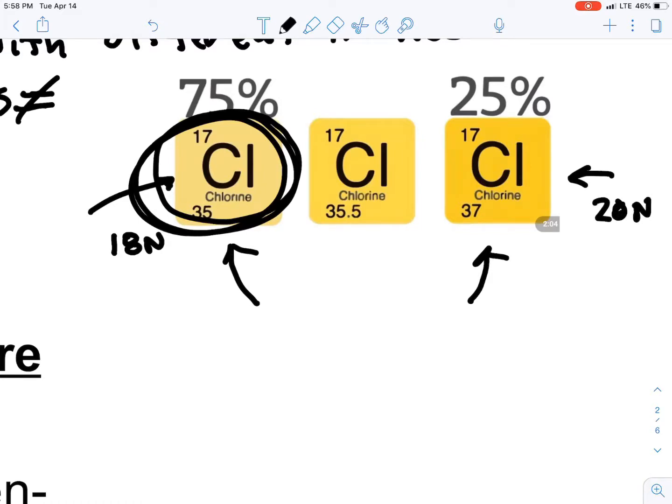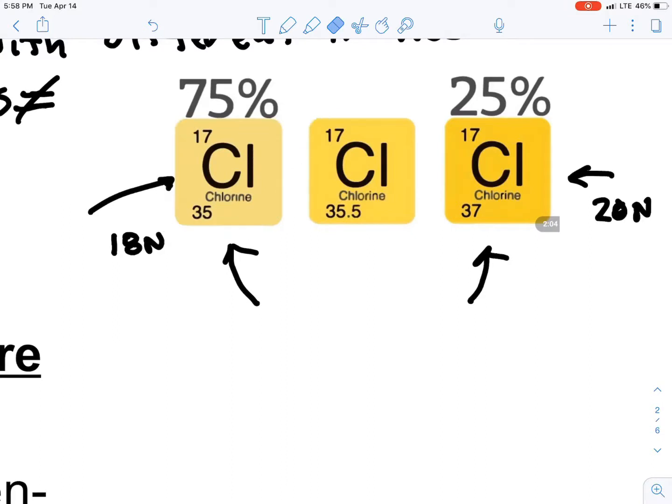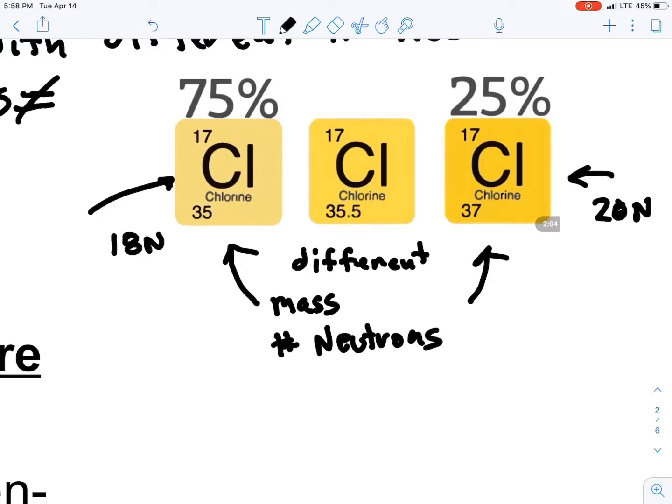All right. So they're the same element. They react the same. Chemically, they react the same. But they do not have the same mass. Their mass differs. This is what's different. The number of neutrons is different.